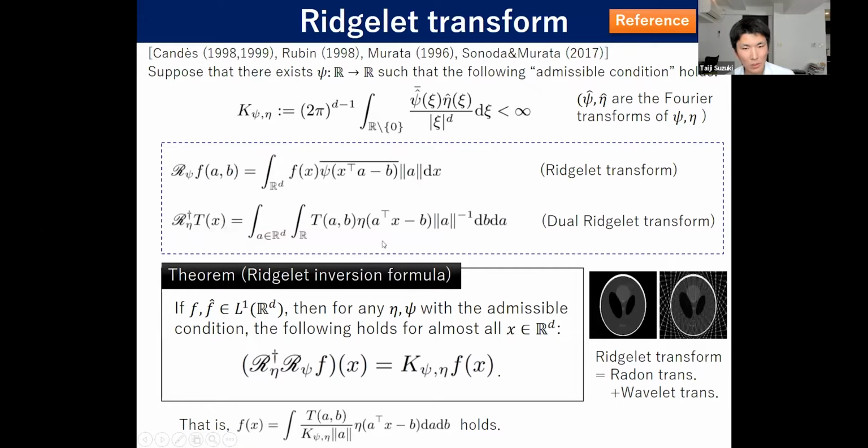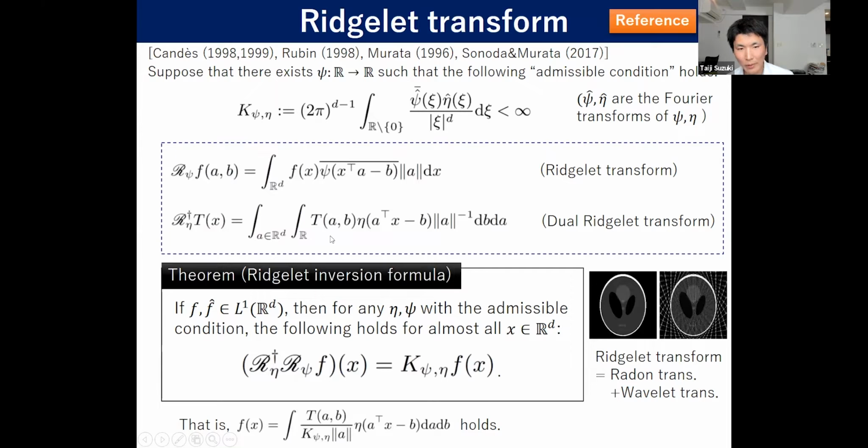This is called the dual Dirichlet transform. Eta is an activation function. By taking some integral with respect to the parameters of the neurons, we can recover the function value f(x).